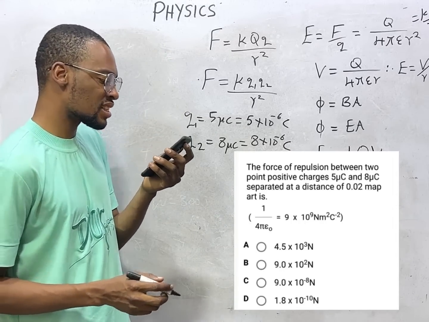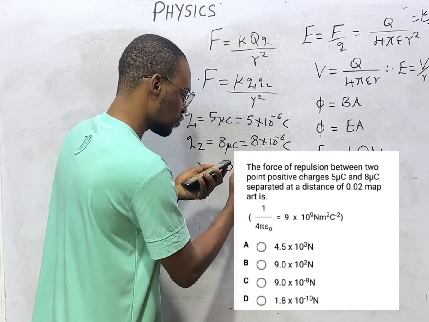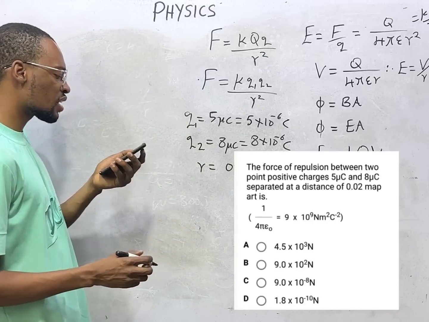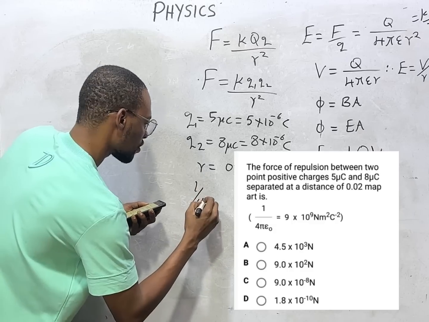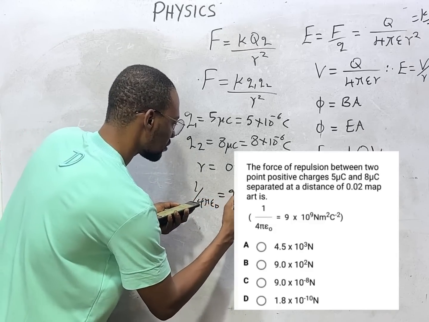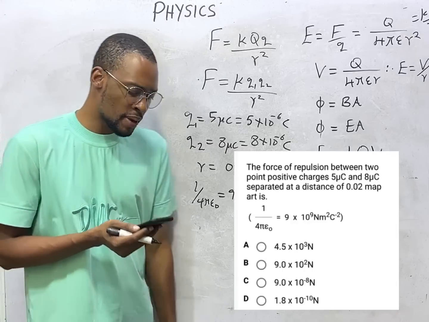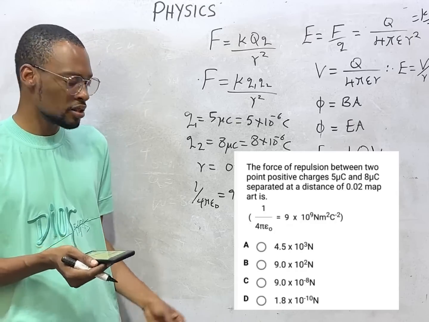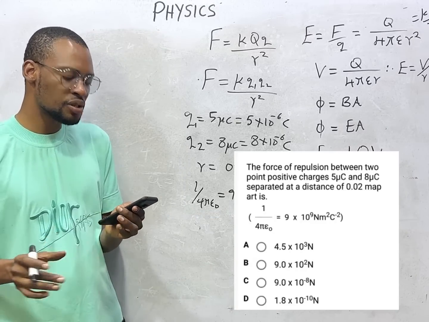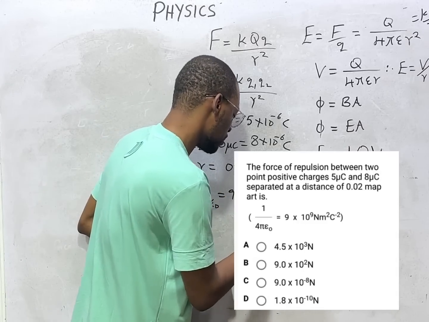Separated at the distance. So distance r is equals 0.02 meters. They say take 1 over 4 pi epsilon naught to be 9 times 10 to the power 9. And I told you that 1 over 4 pi epsilon naught is the same thing as k. This is another way of saying take k to be 9 times 10 to the power of 9 Newton meter squared per coulomb squared. So this is equals k.